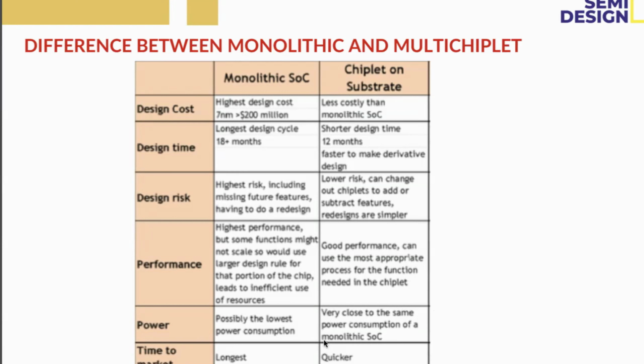Power is less in the chiplet, and time to market is quicker compared to monolithic, and in product size both are small. Monolithic is somewhat more complex compared to the chiplet.